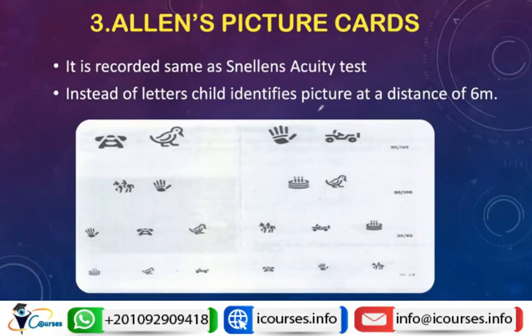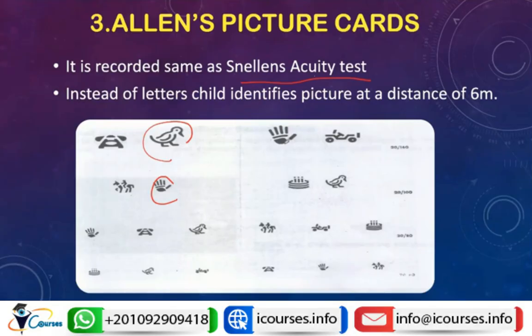Allen picture cards can be the same as a Snellen visual acuity test, but in figures and pictures. You present a chart of familiar targets like a bird, like a hand, decreasing in size, and ask the patient what this is.